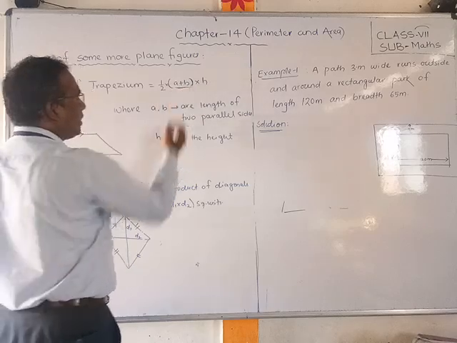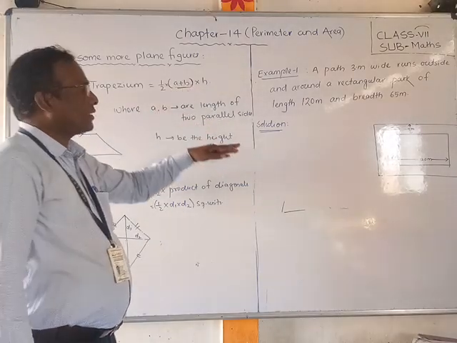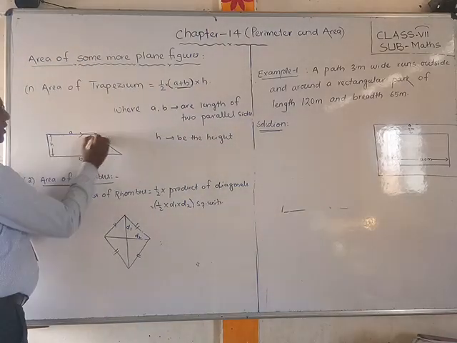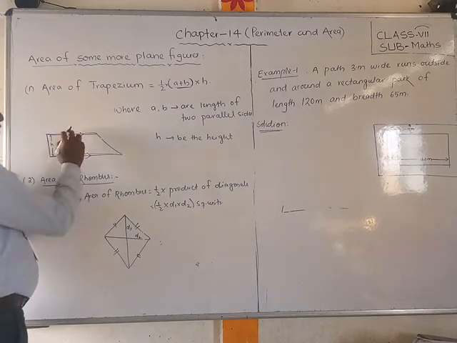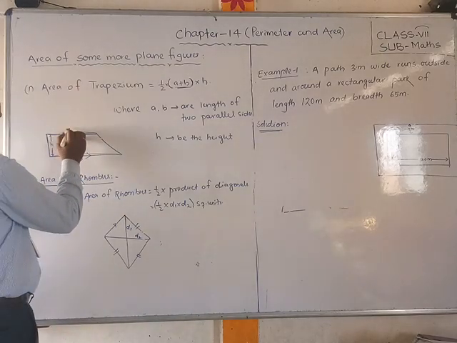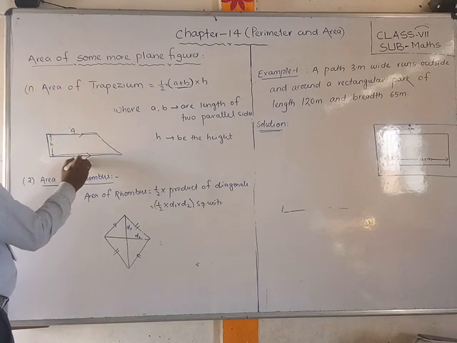But what are a and b? The a and b are the lengths of the two parallel sides. In a trapezium, you should observe that two parallel lines are there, and their lengths are a and b. If you say, sir, I can write this as b and this as a, no problem, you can change it yourself.